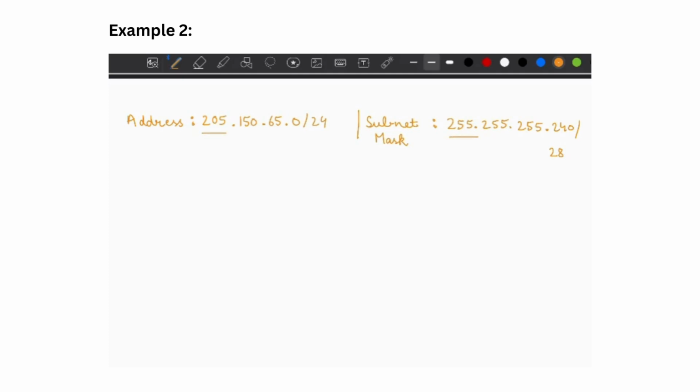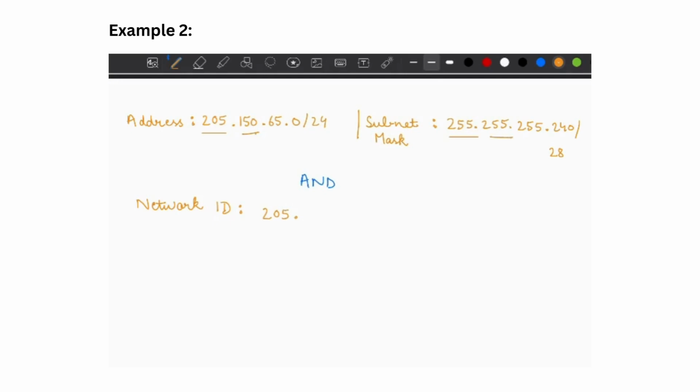So 205 and 255 are all ones, so it's going to be 205 only. It is a shortcut method of applying the AND operator. It removes the hassle of converting all the address bits and subnet mask into the binary form.